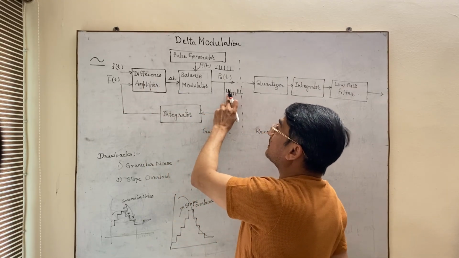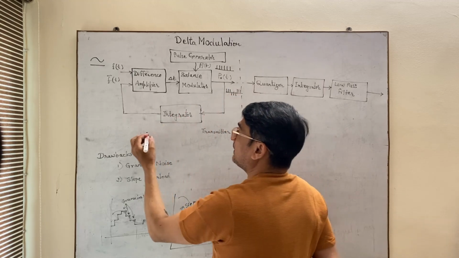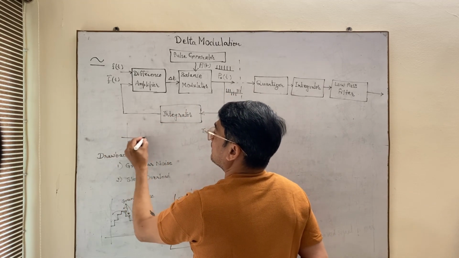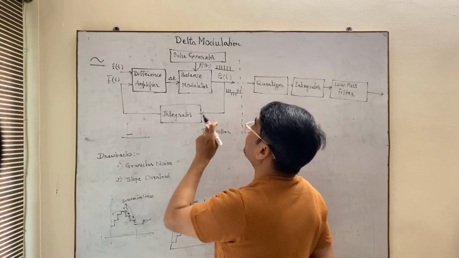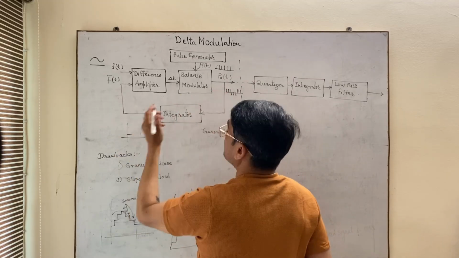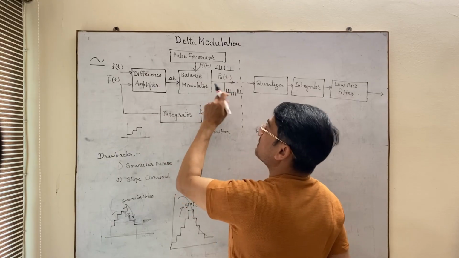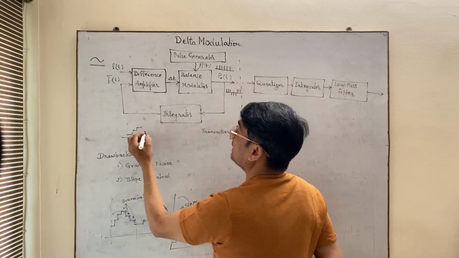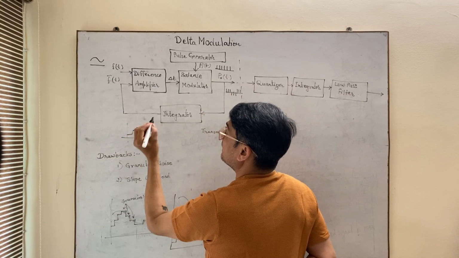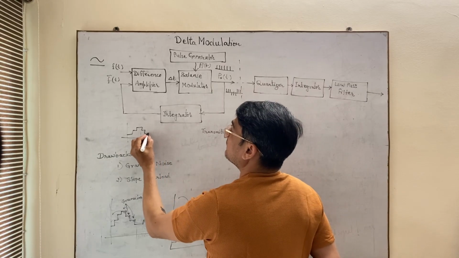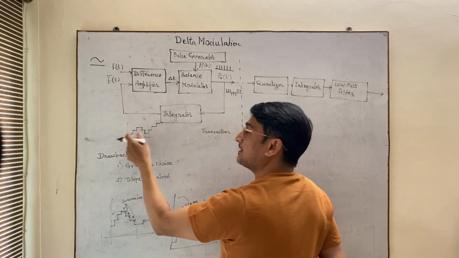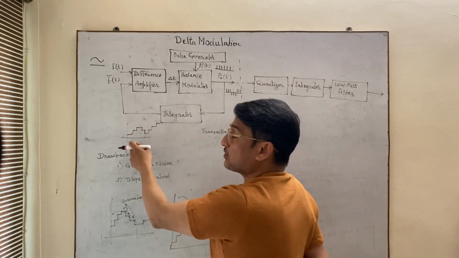Suppose the pulse is positive, you will get a positive step. Then again a positive pulse. So three positive, then three negative, then three positive, and so on. So the integrator output is something like this.